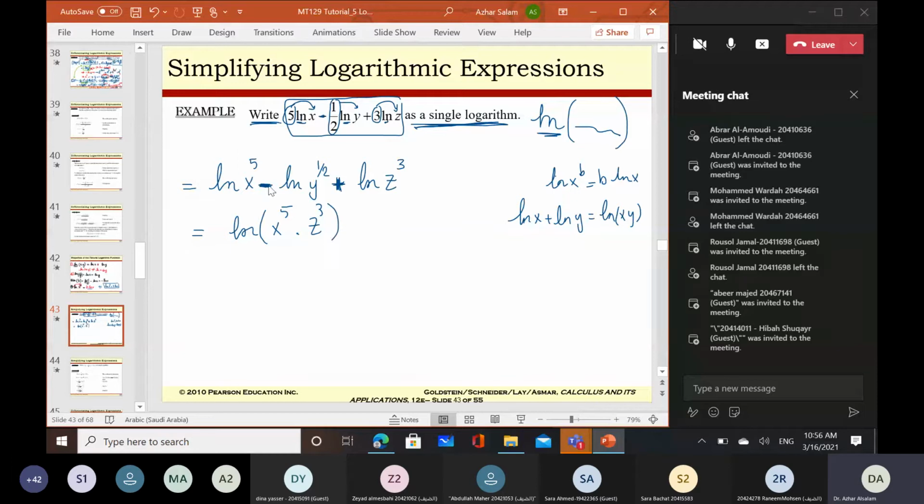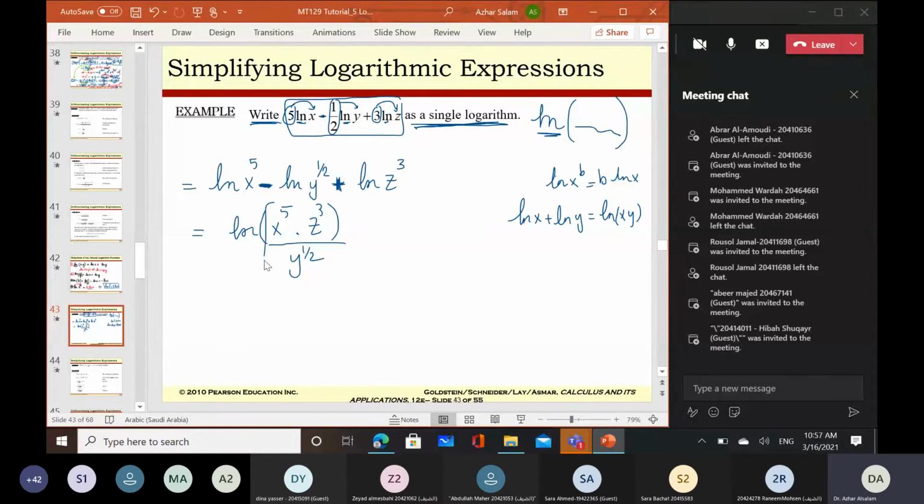Then minus, so I will divide by y to the power half. This division is not taken on ln, since I took the ln over all of it.